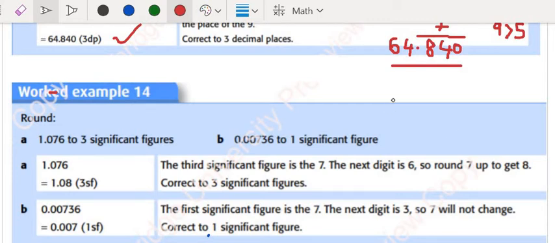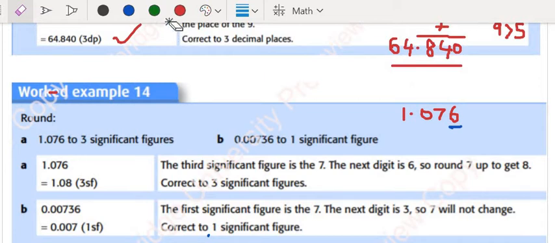See, the number is 1.076. You can notice that to make it 3 significant figures, we have to look over the fourth digit. See, without seeing the decimals, starting from this is the first digit, second, third, and the fourth digit now. So we have to see the fourth digit here now.